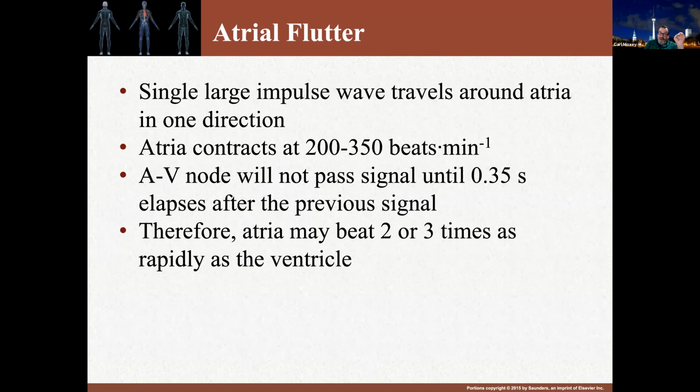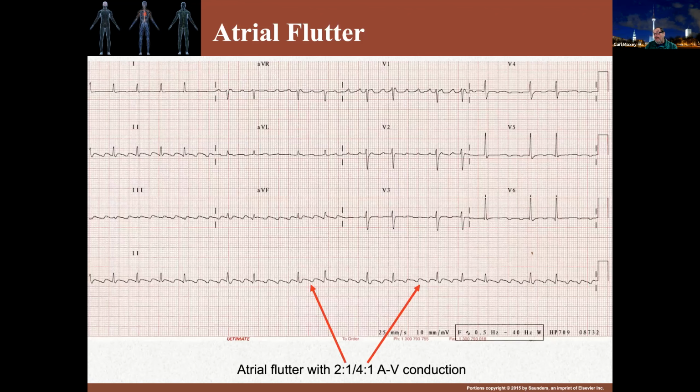But the AV node, if it is still functioning the way it should, will not pass the signal to the ventricles until 350 milliseconds have elapsed from the previous signal. So therefore, the atria can contract multiple times more rapidly than the ventricle will, because we have a variant conductance.